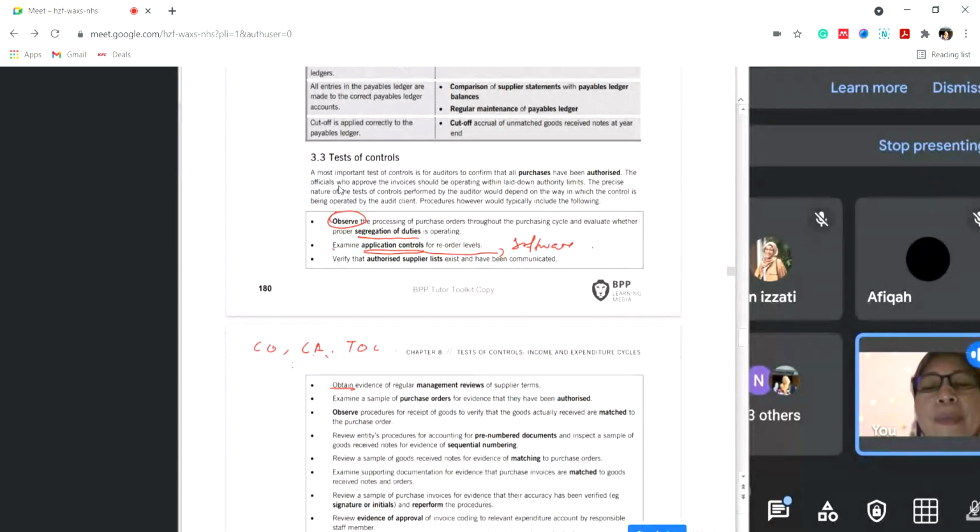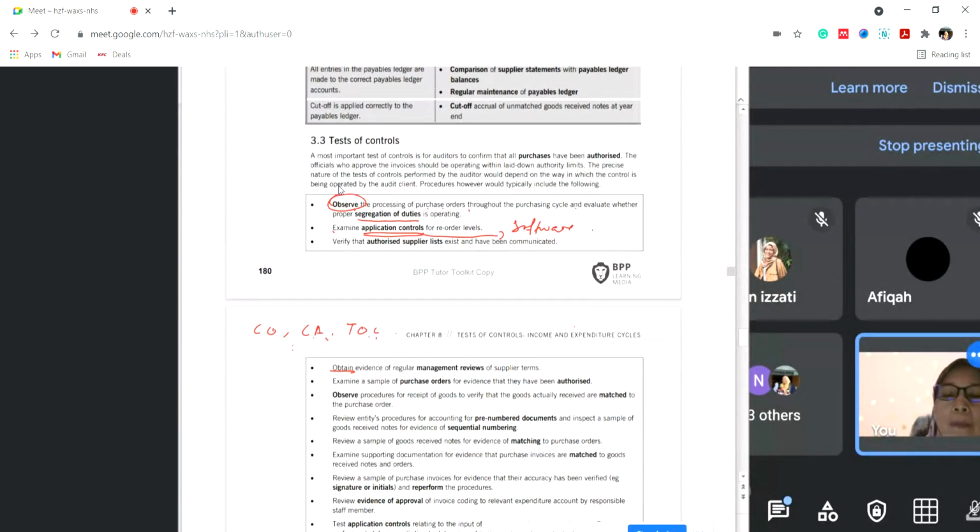Clerk A will prepare the purchase order and it will be approved by the purchase manager. So that is the control activity that exists. So how are you going to perform the test of control? Observe. Observe the processing of purchase order throughout the purchasing cycle and evaluate whether proper segregation of duties is operating. So that's how you answer the question on the control objective, control activities and test of control.